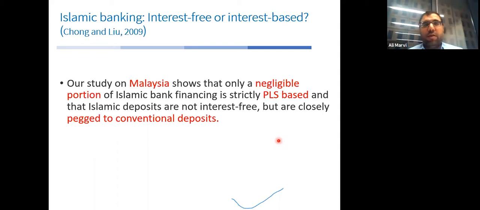So it shows that in spite of what is explained on the theoretical side of Islamic banking, in practice, the major portion of Islamic contracts in Islamic banks are actually other contracts that are similar in nature to debt-based financing.